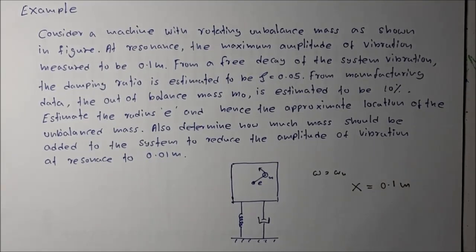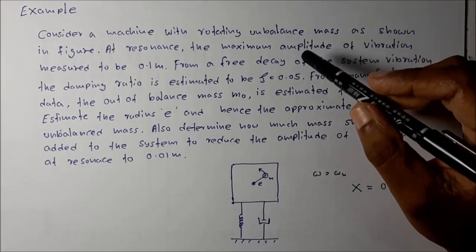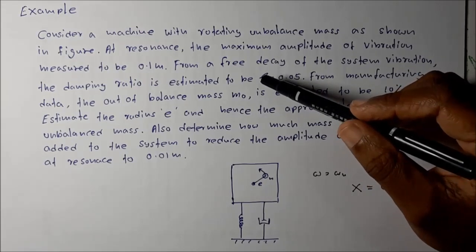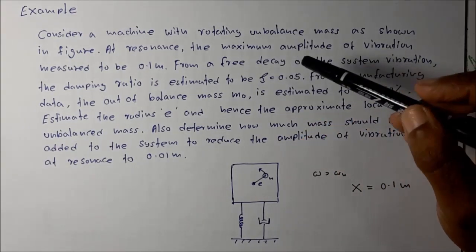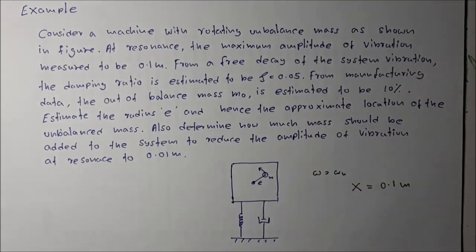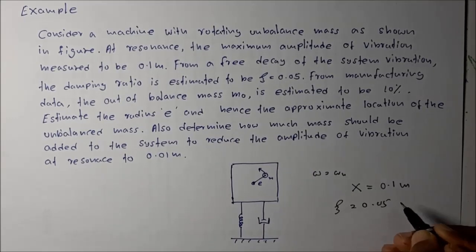From a free decay of the system vibration, that means you know how to measure the overall theta for a system by measuring the amplitude. From the free decay of the system vibration, the damping ratio is estimated to be theta equal to 0.05.